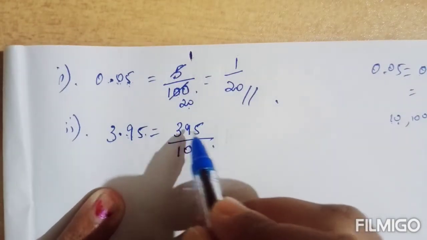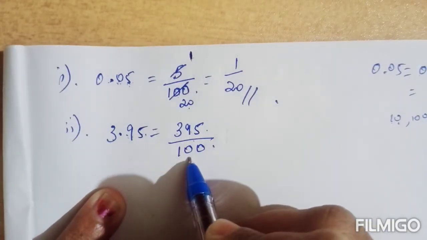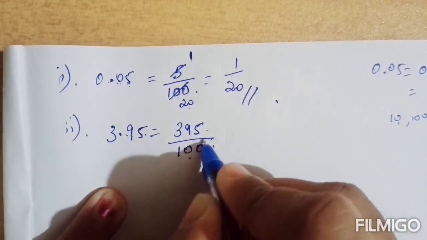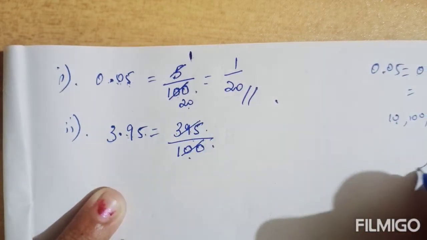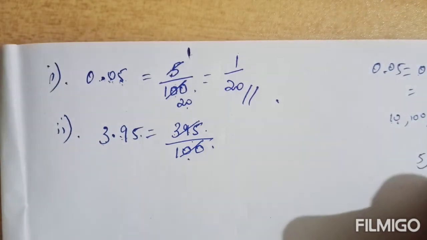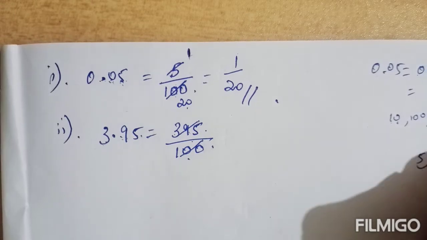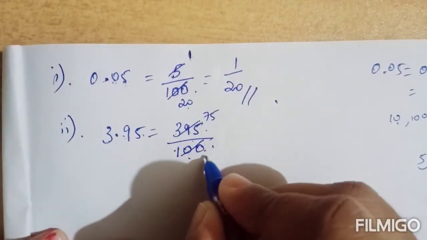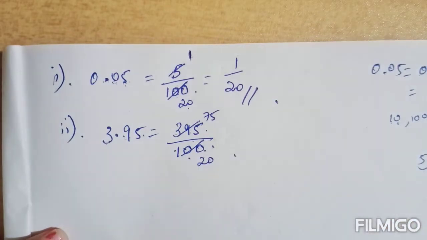Now this 395 by 100, you can reduce this to lowest term. Both will go in 5. So 395 divided by 5, you will get 79 here, and 100 divided by 5 is 20.